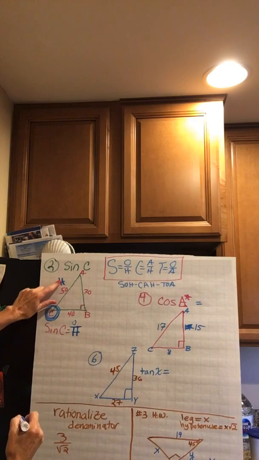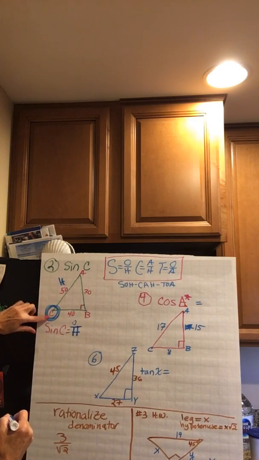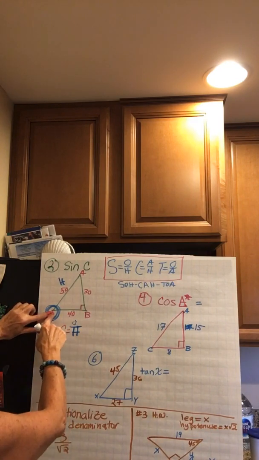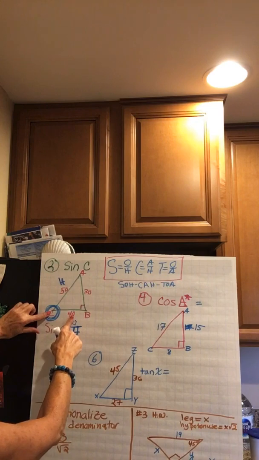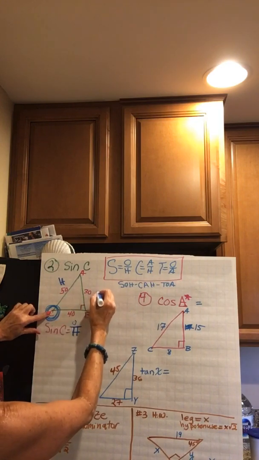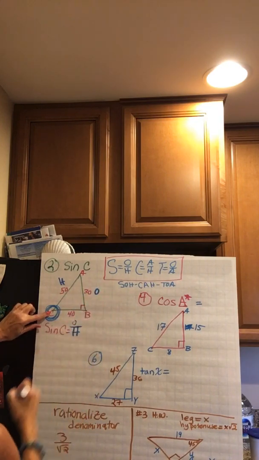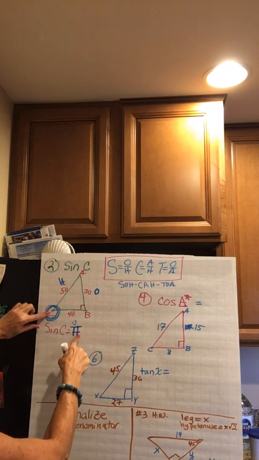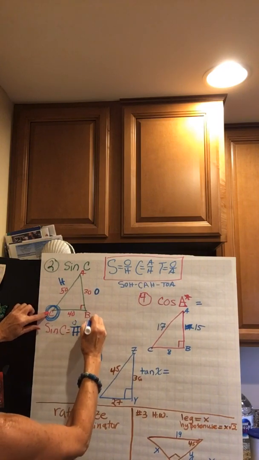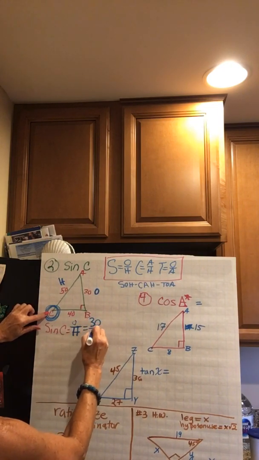So there's my hypotenuse. Now, what side is opposite that angle? Well, not 40, that's adjacent. 30 is opposite, so that's my opposite side. So opposite over hypotenuse would be 30 over 50.